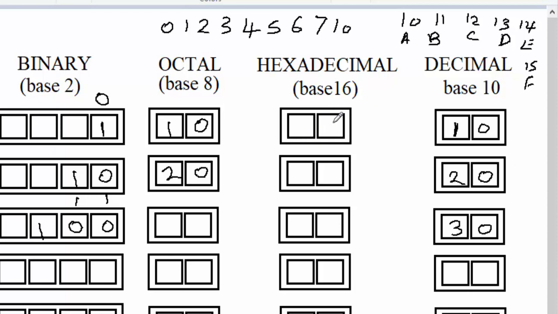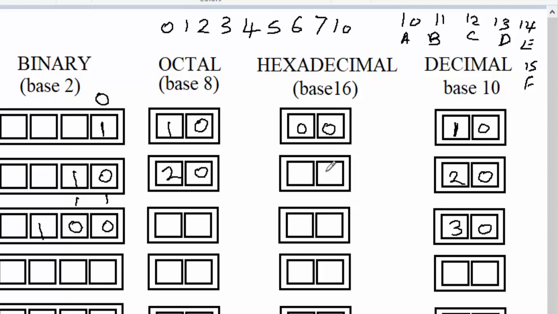So what we do is here we count A, B, C, D. So let's assume the first one is 0 0. So this one changes to 1 2 3 4 5 6 7 8 9, and then A, B, C, D, E, F. When we get to F, if we add 1, so if we add 1 to 15, we don't have a space for 16th.